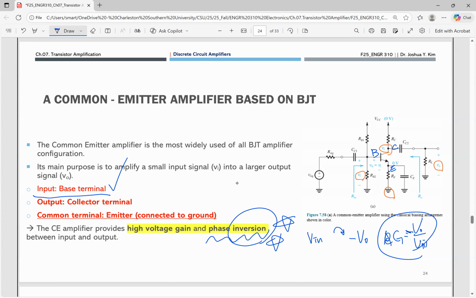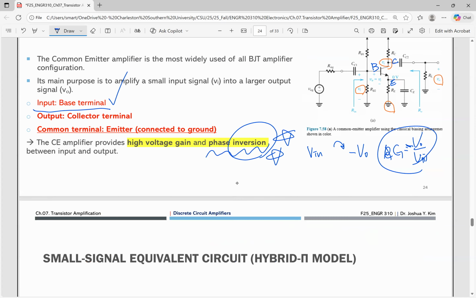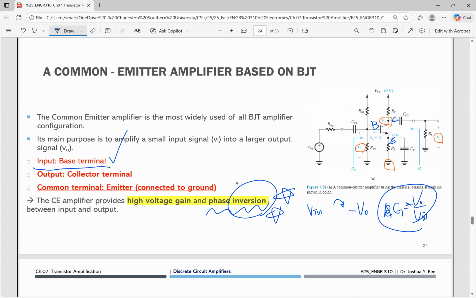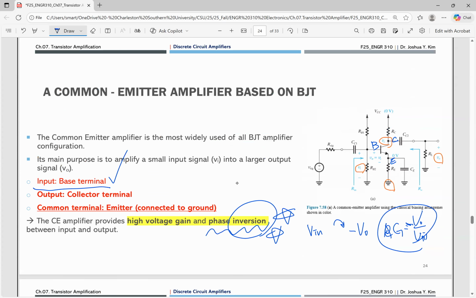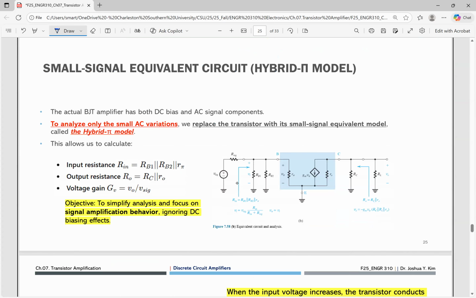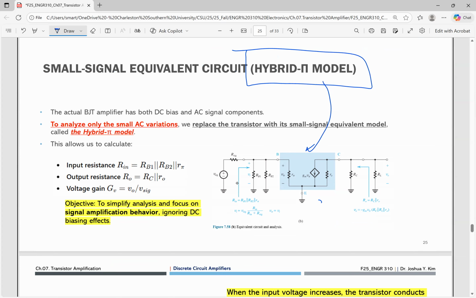The common terminal is the emitter terminal, and in this case the voltage divider is connected to ground. So again, the common emitter amplifier has two functions: providing a high voltage gain and phase inversion. All right, step by step. This slide introduces the small signal equivalent circuit, especially the hybrid pi model, like this one.